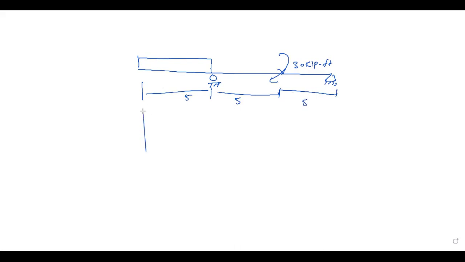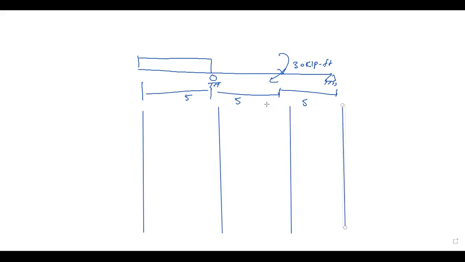So we have to draw the shear force and bending moment diagram here, here, here, and here. And for shear force, let's use a color. So this is the shear force.